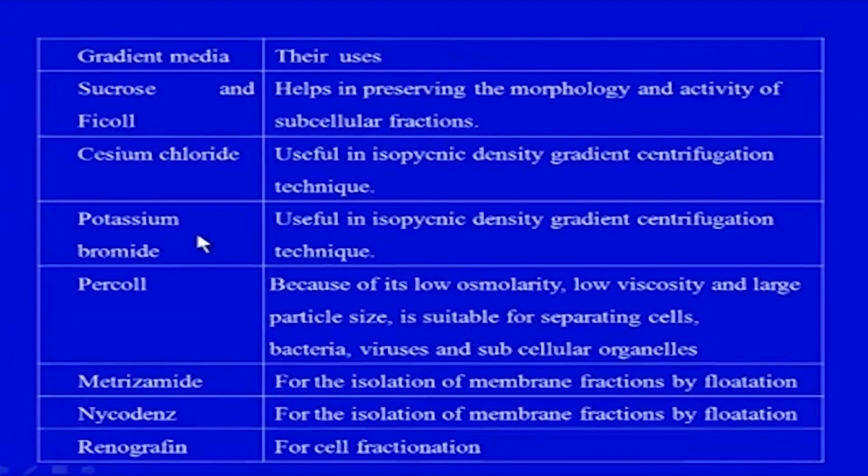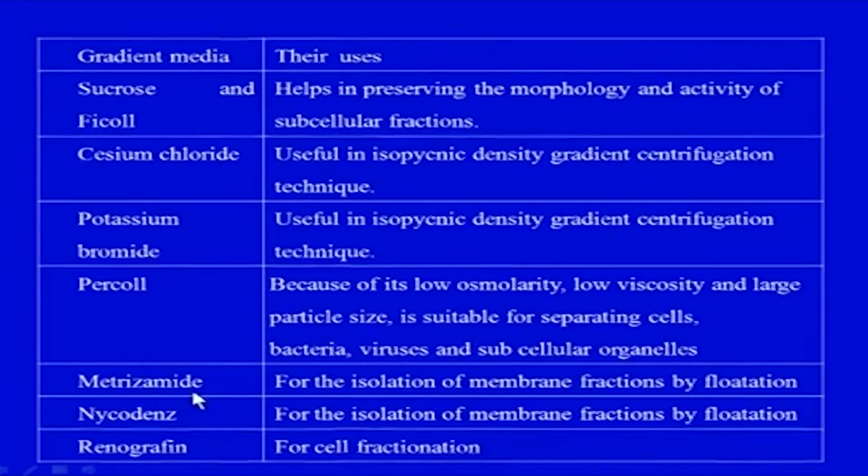Then potassium bromide could be useful again in isodensity gradient centrifugation techniques. Percoll, because of its low osmolarity, low viscosity and large particle size, is very suitable for separating cells, bacteria, viruses and subcellular organelles.